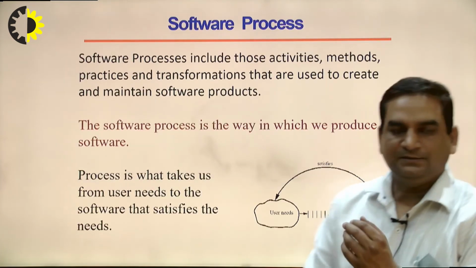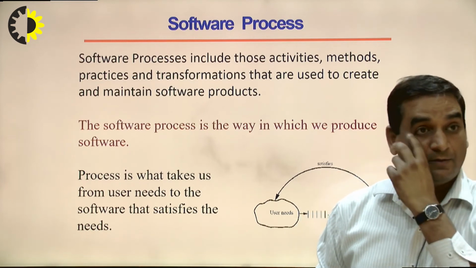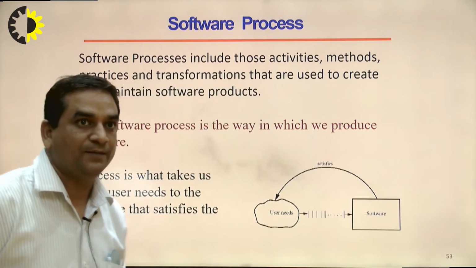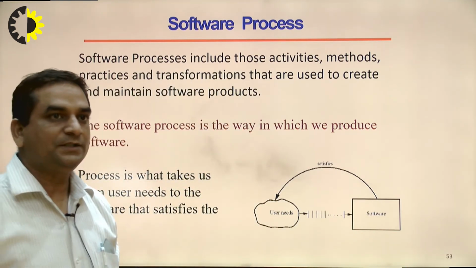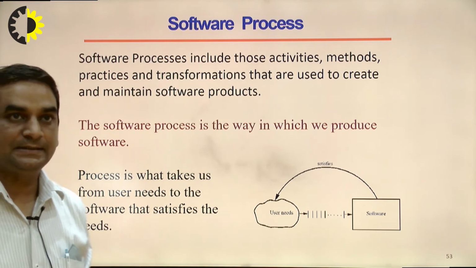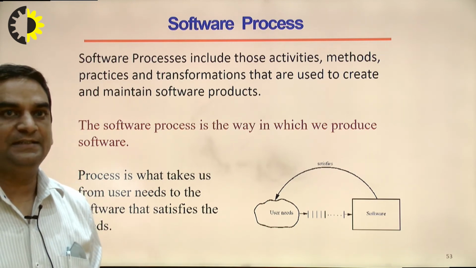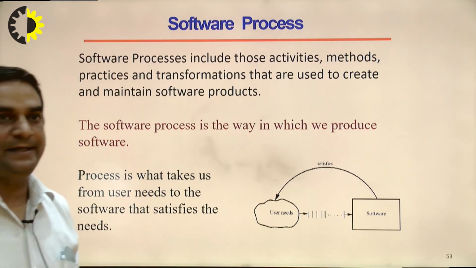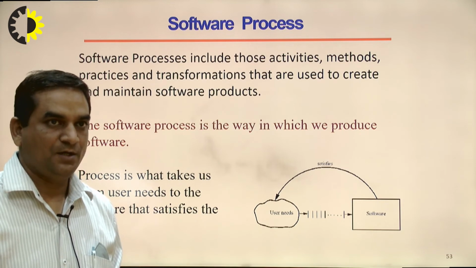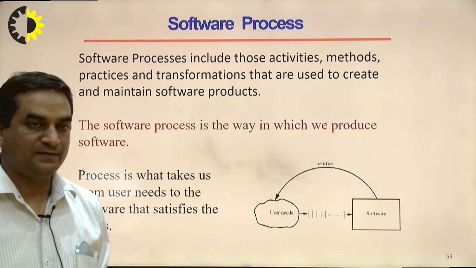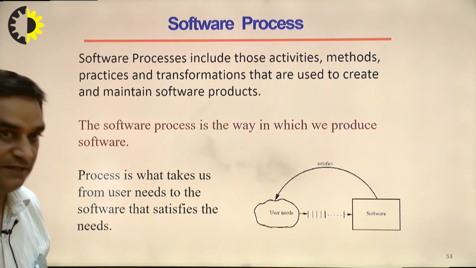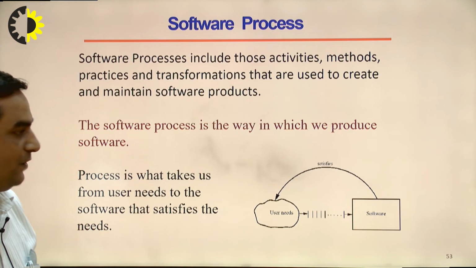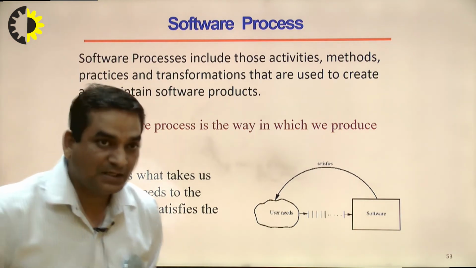Now we will introduce what the software process is. Software process includes those activities, methods, practices and transformations that are used to create and maintain the software product. If we use a one line definition, we can say the software process is the way in which we produce the software.